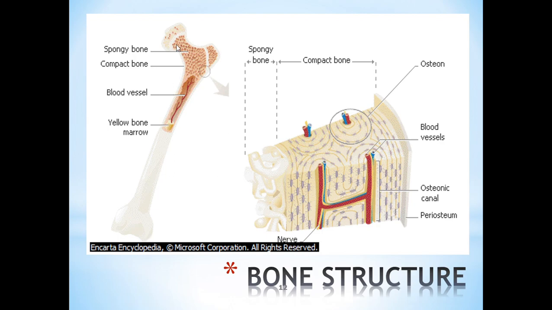And on this part, at the very end, this is what we call the articular cartilage. Here at the bottom, there is also articular cartilage. These are a thin layer of hyaline cartilage. What do they do? They reduce friction and absorb shock at freely movable joints.